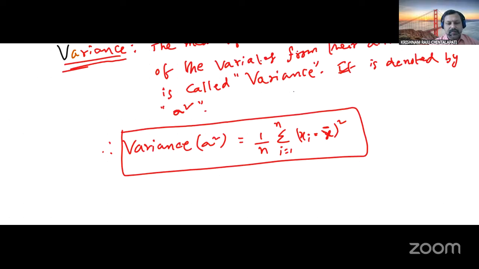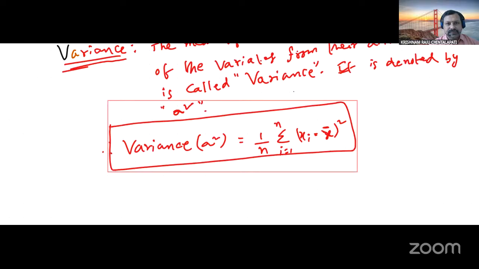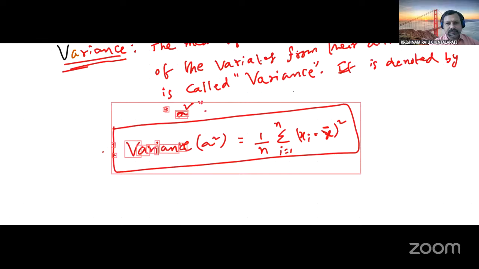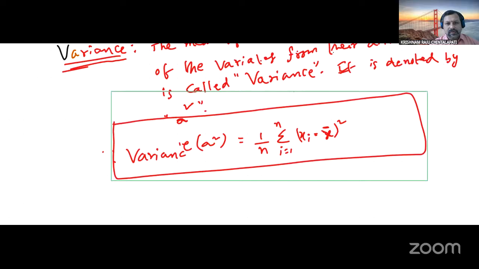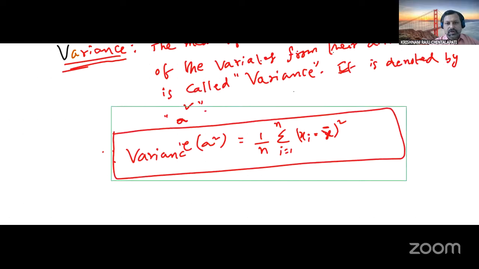Variance sigma square equals 1 by n times summation i equal to 1 to n xi minus x bar whole square.